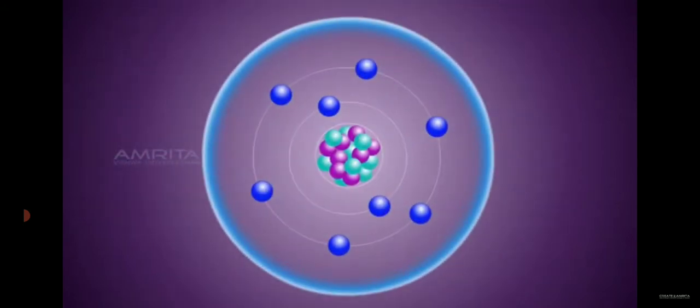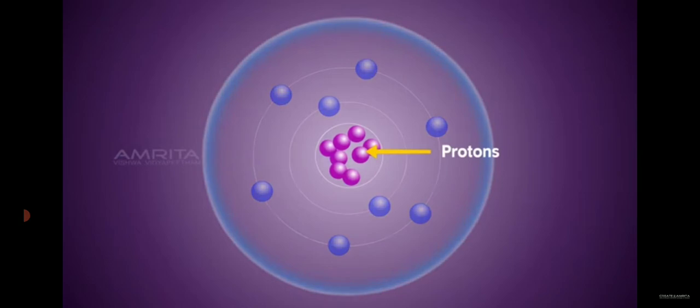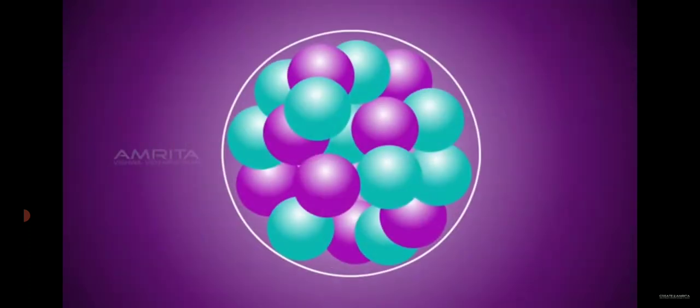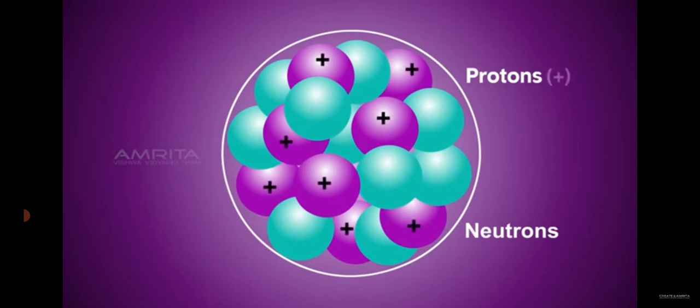Atoms are made up of three types of particles. That is called protons, neutrons and electrons. Next, an atom has a central nucleus with protons and neutrons in it. Protons are positively charged and neutrons have no charge.